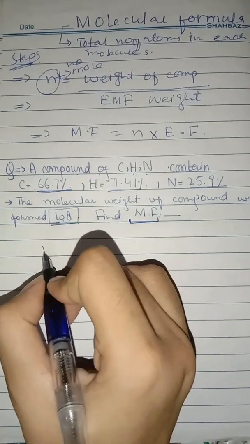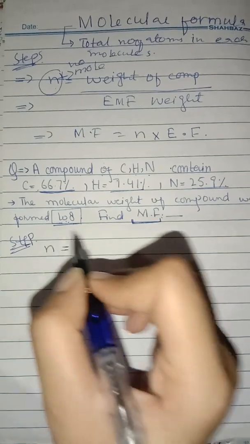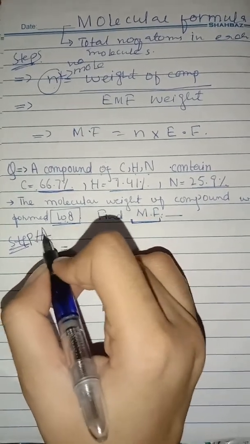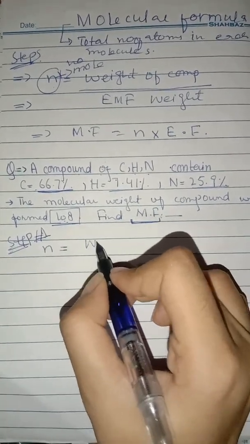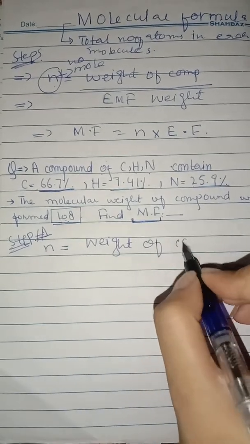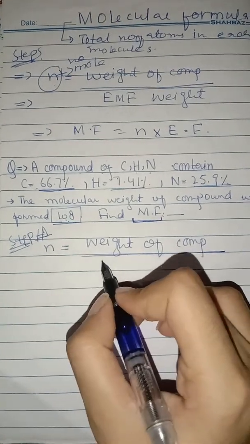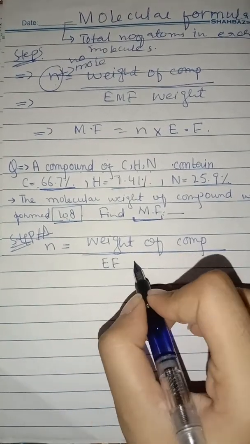So let's implement step number 1. Step number 1 is the weight of compound should be divided by the empirical formula's weight.